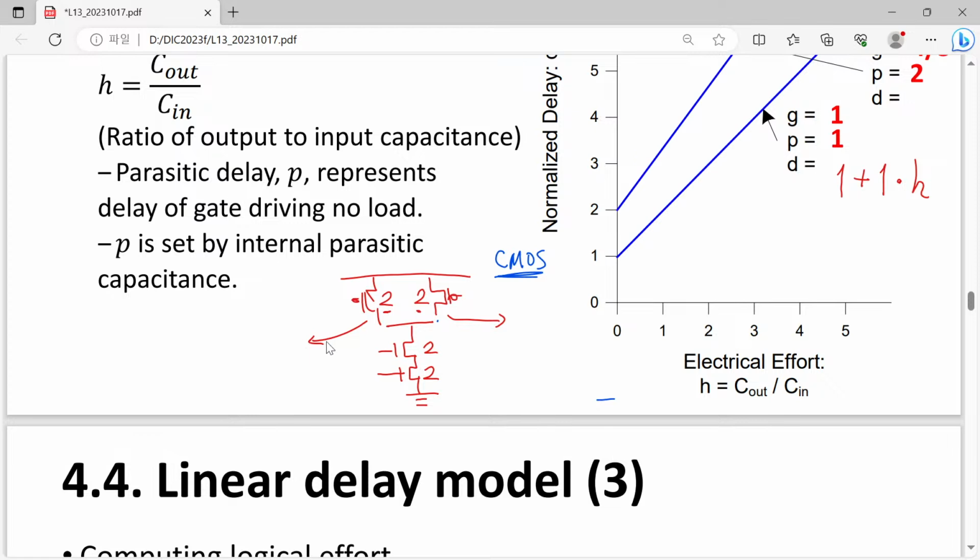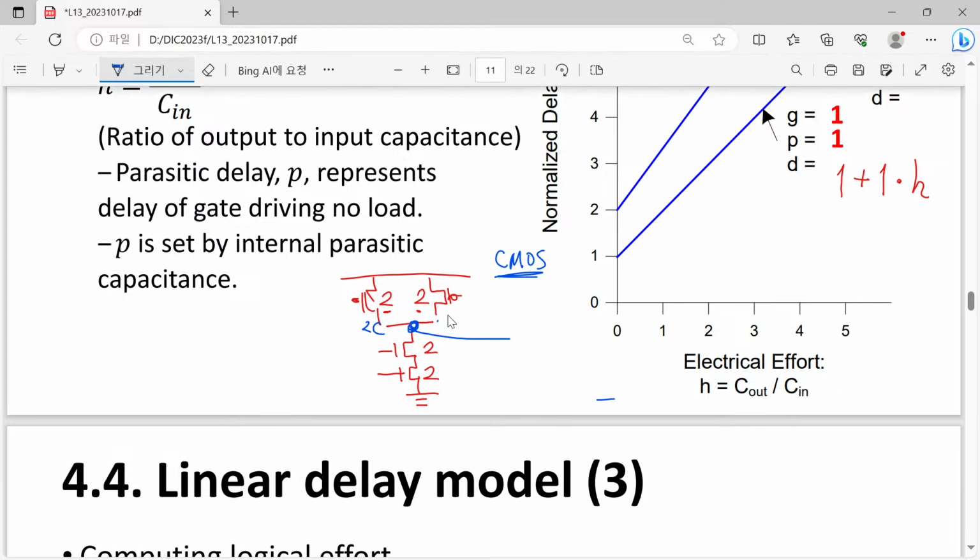In order to find the parasitic delay, first of all we have to find the capacitance connected to this load. Then how large will it be? In this case we have 2C, and also that gives us 2C, and here we also have 2C, so there will be 6C.